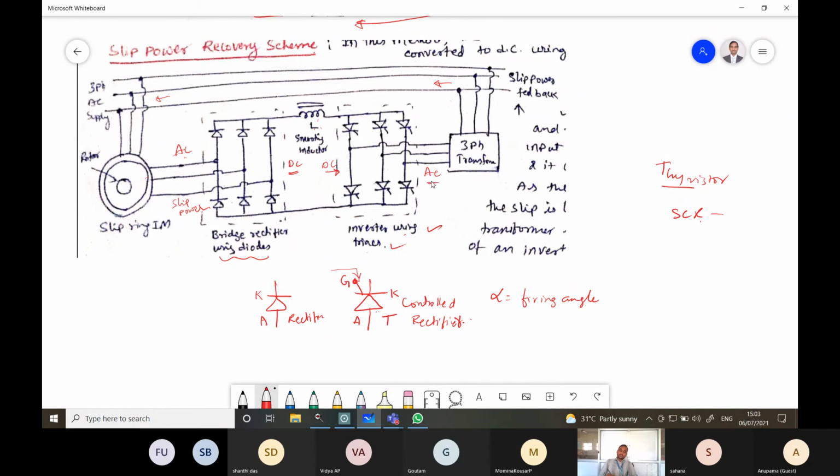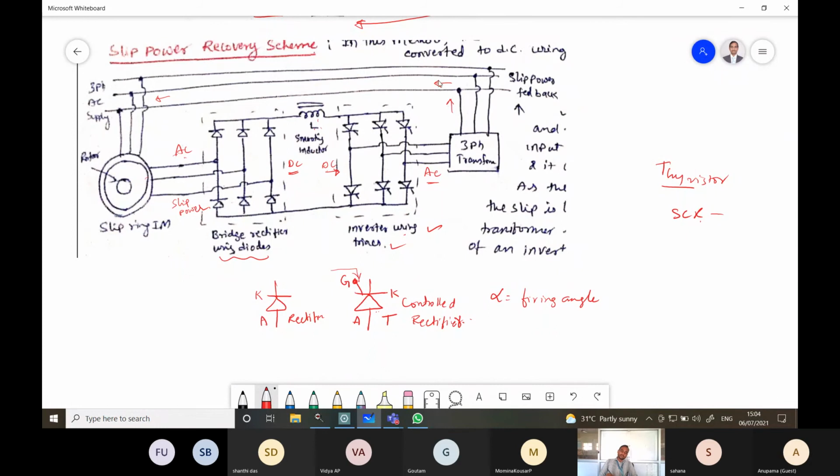As the voltage across the slip is limited, a three-phase transformer is used here, so we are boosting the voltage. The three-phase transformer takes the output of the inverter and it is fed back to the AC supply.